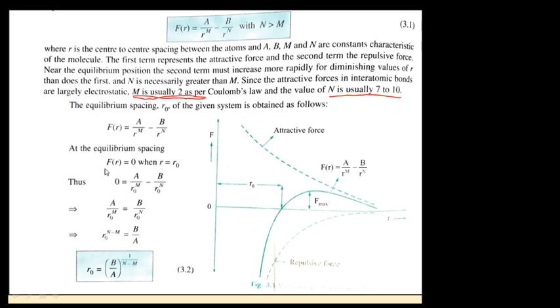Now F of R becomes 0 when you are exactly on the x-axis. So when F of R is 0, the value will be 0. माने R is equal to R0 अगर है, ये पॉइंट की वैल्यू, R की वैल्यू यहाँ पे मैं define कर रहा हूँ R0.